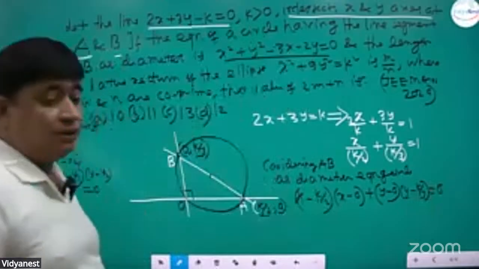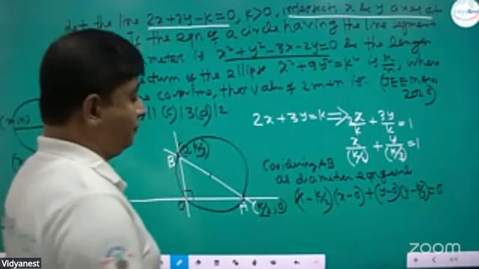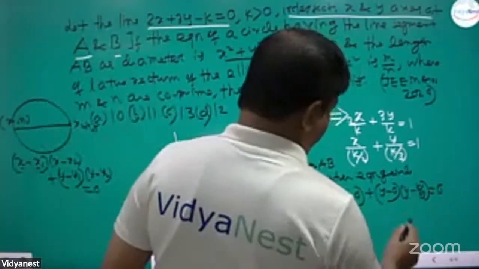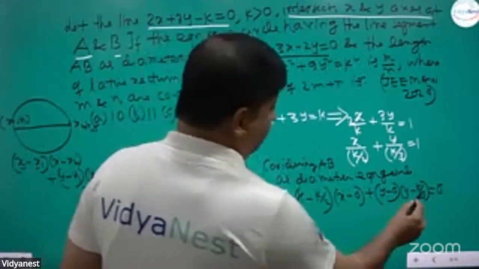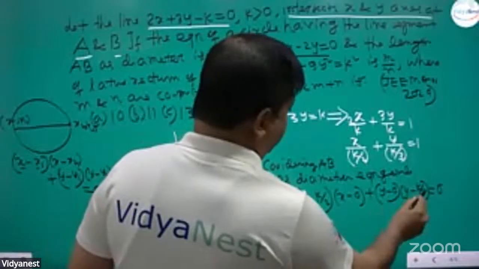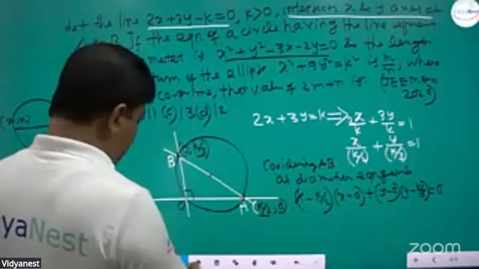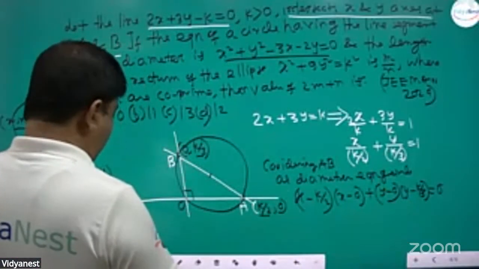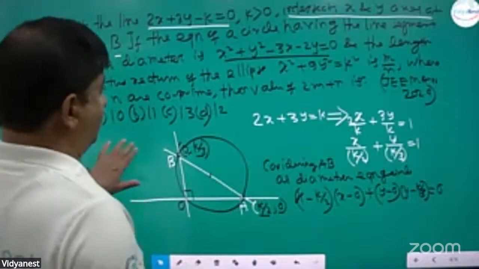Okay, this is the equation of the circle. So what privilege does it give us? We have nothing but to multiply.